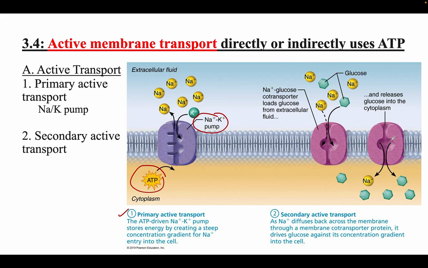The primary concept here is to transport sodium inside, but along with that, glucose also can tag along through these transporter proteins. So glucose is co-transported here. That is called secondary active transport. This process also requires ATP.